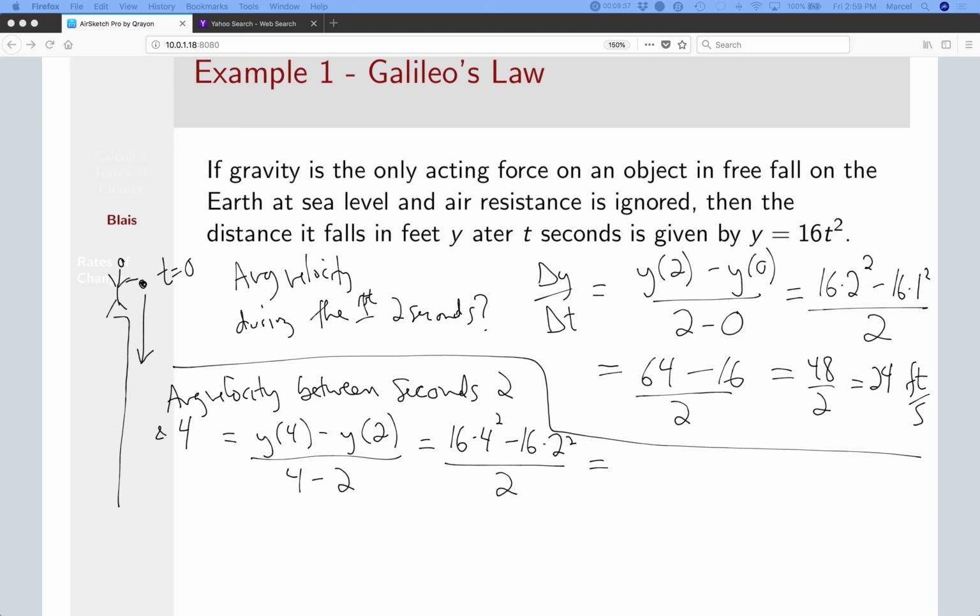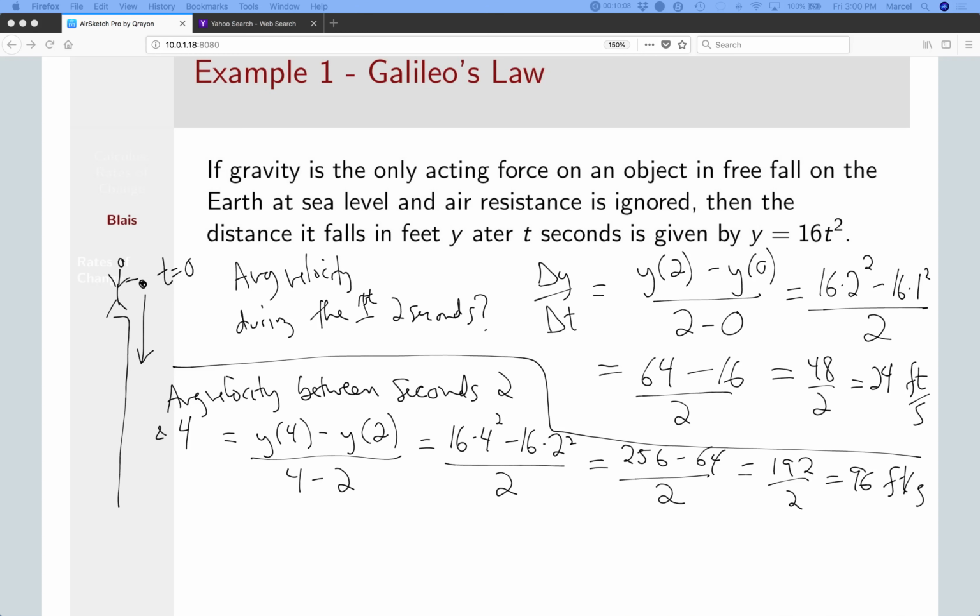We have 16 times 4 squared is 16 squared, or 256. 16 times 4, 64, over 2, which is 256 minus 64 is 192 over 2, or 96 feet per second.